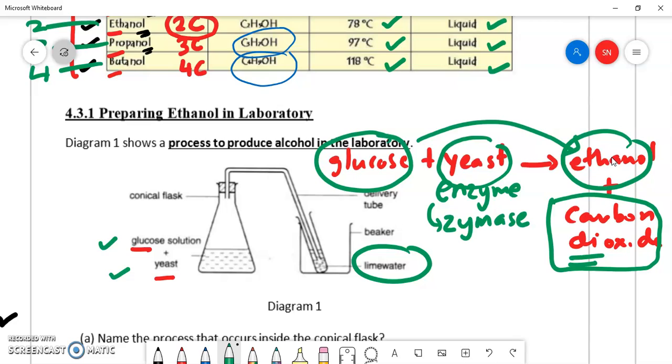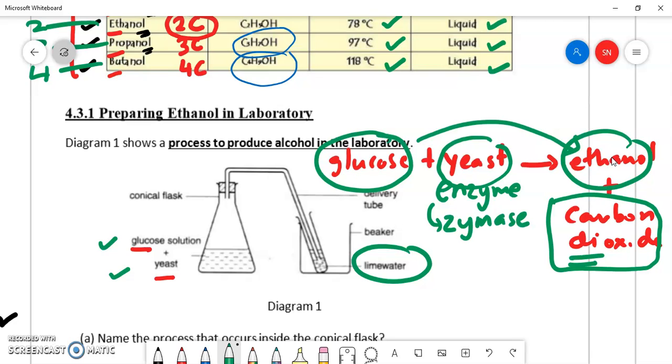Therefore, we can say the reaction is taking place, or the yeast is actually helping to convert glucose into ethanol. If you want to know whether the conversion of glucose into ethanol is successful, we have to monitor whether carbon dioxide is being produced or not. If carbon dioxide is produced and the lime water turns cloudy, the process is successful.